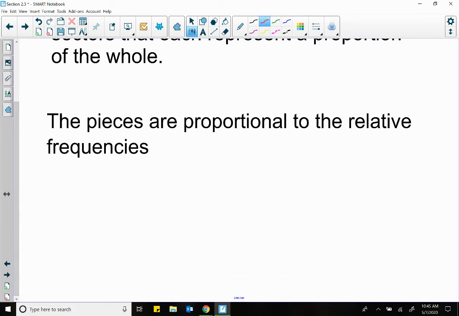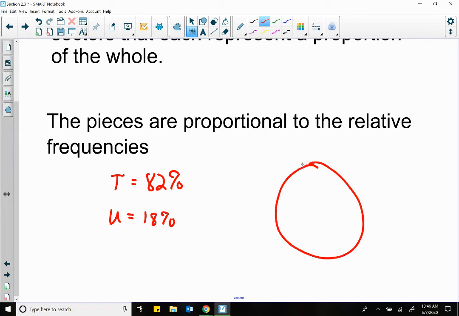What that means is that we know T, a couple of seconds ago, was taking up about 82% of my data, and U was taking up 18% of my data. So when we put this in a pie chart, this sector out here, the biggest, represents 82% of the circle.